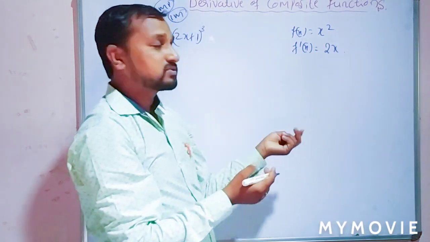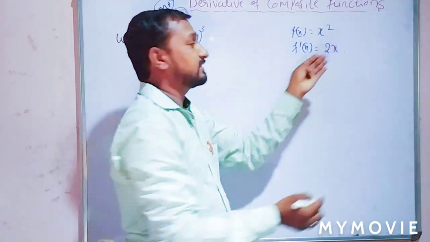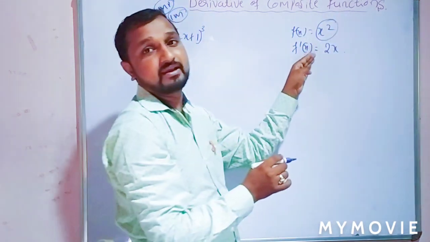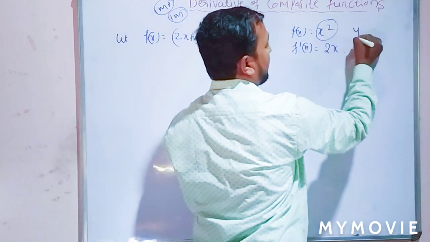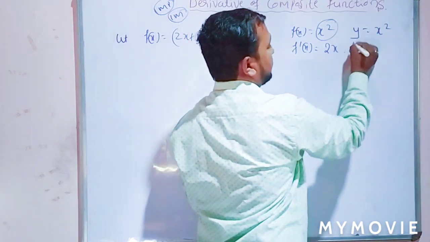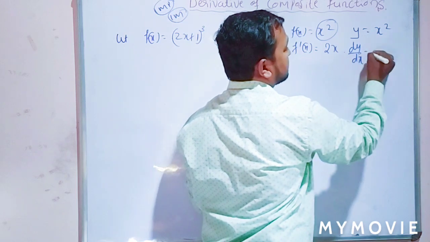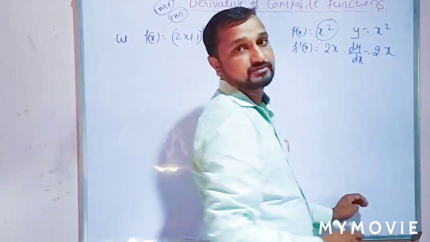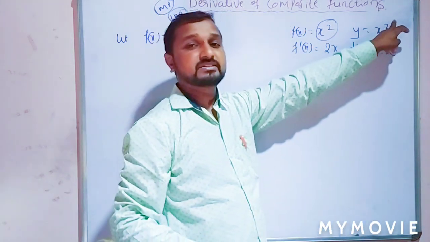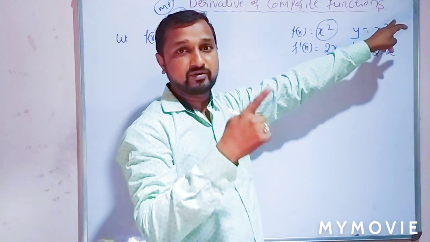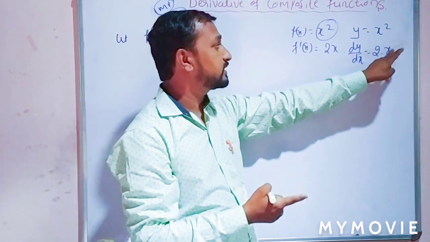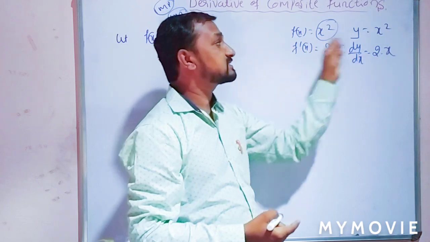Already we know that. So this is a standard function. f of x equal to x square, or y is equal to x square, so dy by dx equal to 2 into x. This is of the form x raised to n. What is the derivative of x raised to n? n into x raised to n minus 1. That is 2 into x raised to 2 minus 1. So this is a standard function.